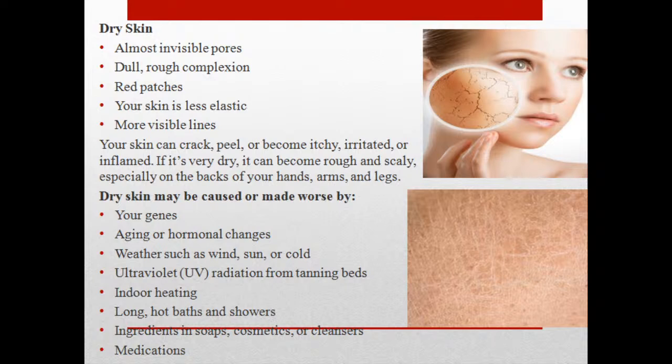Dry skin may be caused or made worse by your genes, aging or hormone changes, weather such as warm sun or cold, ultraviolet radiation from tanning beds, indoor heating, and long hot baths and showers.